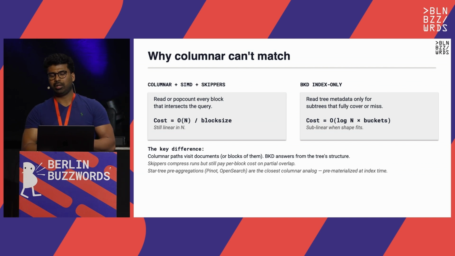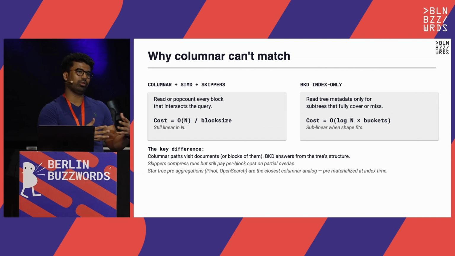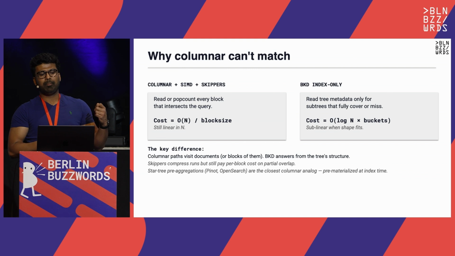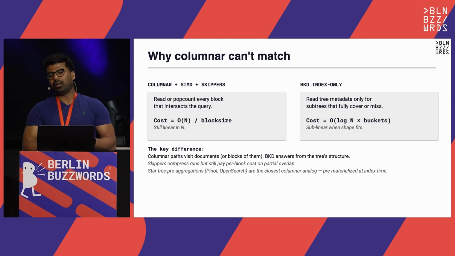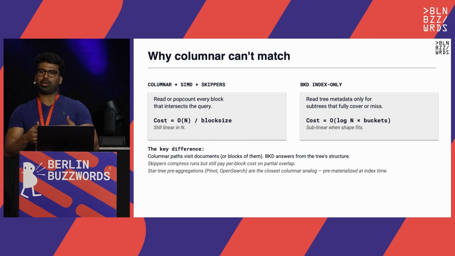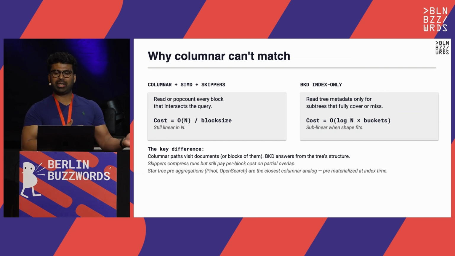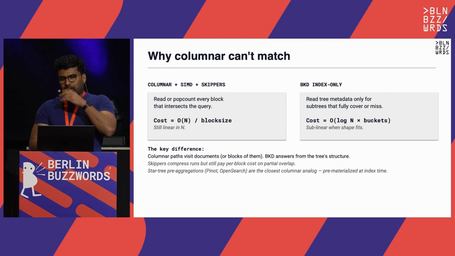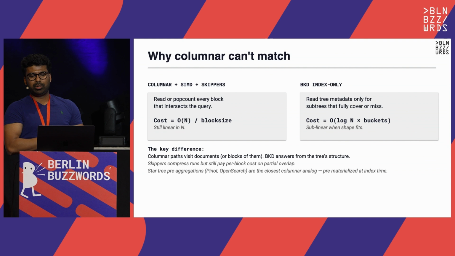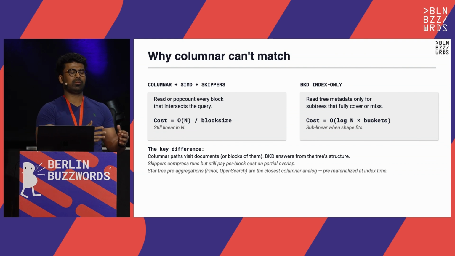Probably not. And I think that has to do with the cost shape, right? Even though those columnar engines are pretty fast, they are actually visiting the document. It might be decoding a block, pop counting a bit set, skipping on min-max metadata, but for blocks that intersect, it is reading or counting once per block. And so the total cost is some function of n, so it is still linear.